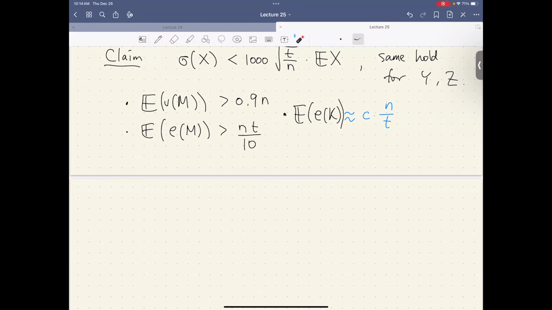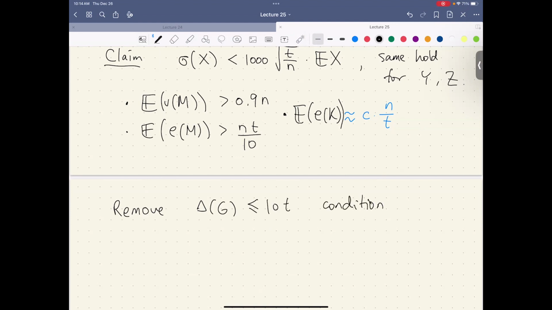So lastly, I want to say why we can assume, remember at the beginning, we assumed the graph is almost regular. So now let's remove this at most 10t condition. Removing this condition is easy. If the graph has large degree vertices, we simply delete them, and there cannot be too many of them.